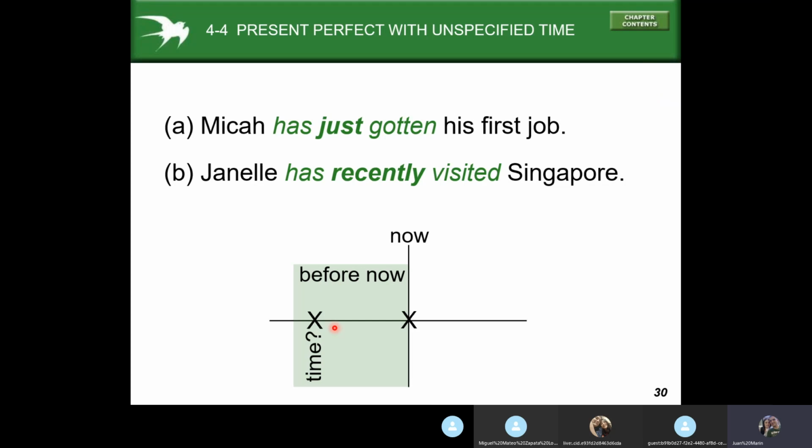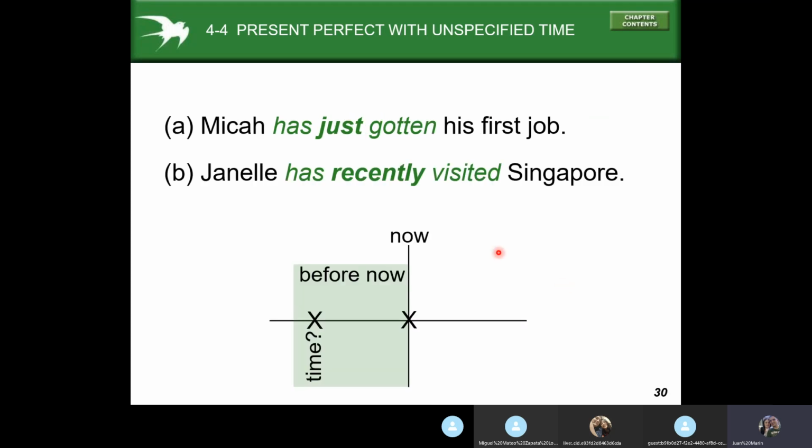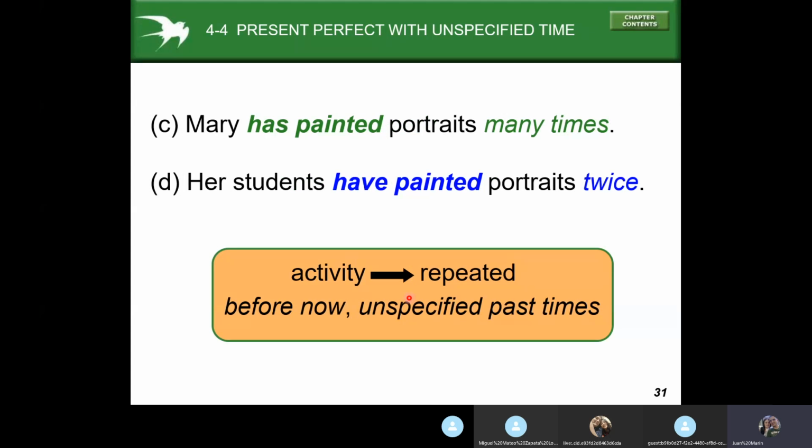Okay, so here is the timeline again. And this line represents the present. Mary has painted portraits many times.